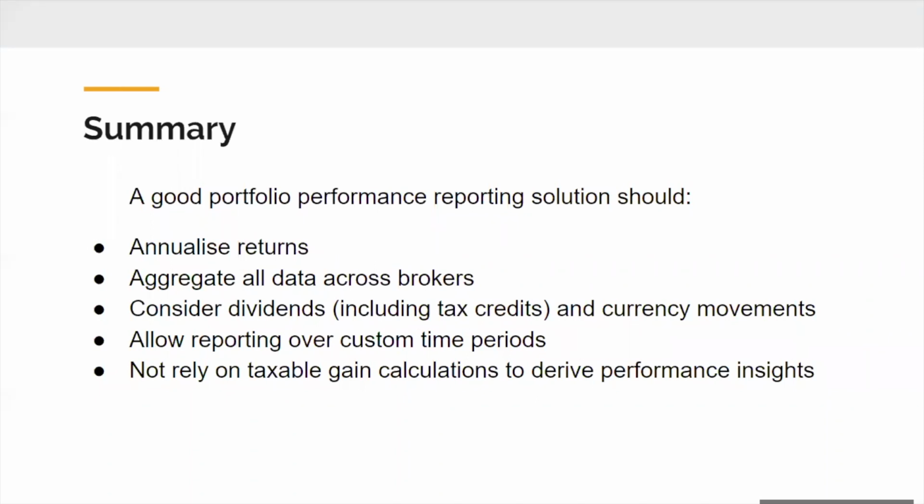So there's an X date and a paid date for dividends. For tax reporting, at least in Australasia, just for dividends on ordinary shares, it's usually the paid date that's used. But we use the X date for performance reporting, as I said, just to smooth out any fluctuations in performance that would otherwise occur.